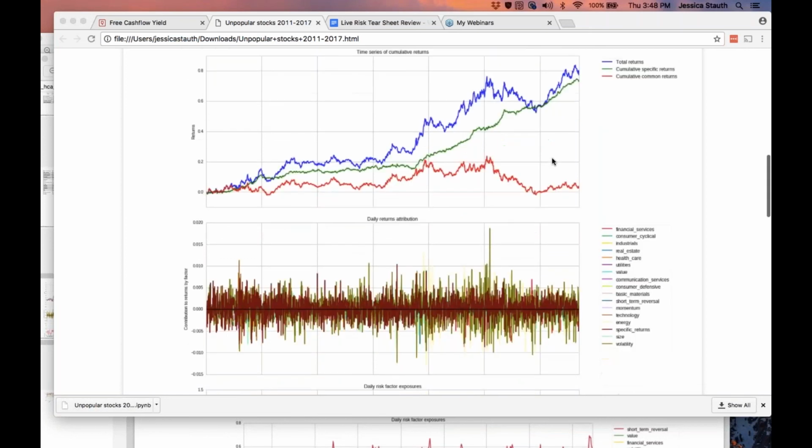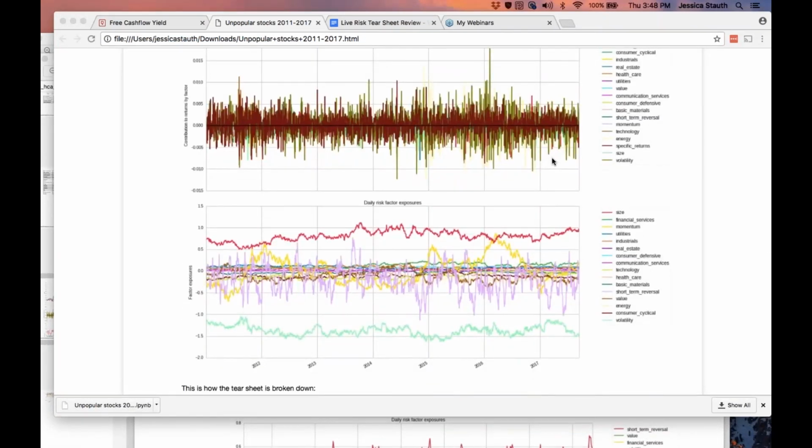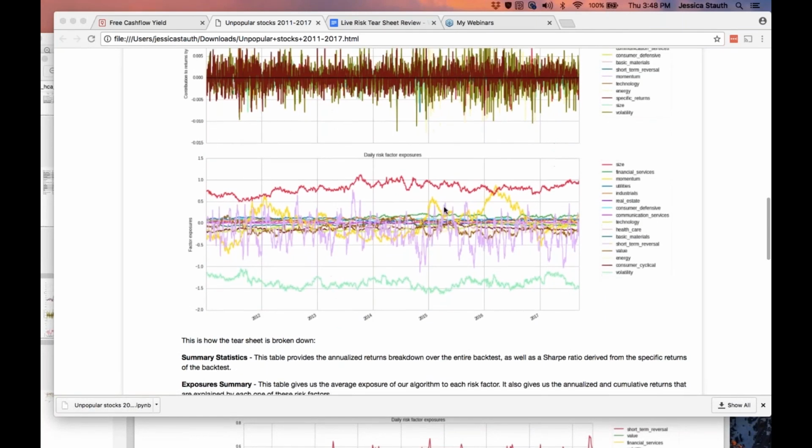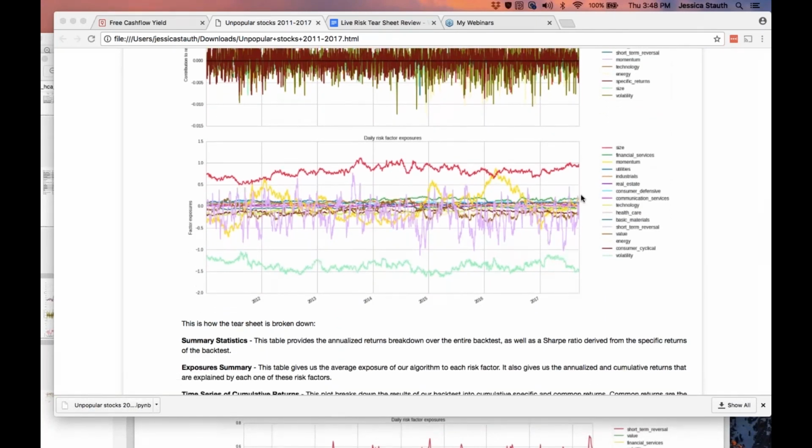If you look down here at those risk exposures over time, you'll see a little of what I was talking about on Alan's strategy, where he had this short-term reversal exposure, but it was oscillating pretty widely between about 0 and 0.4. The thing that's a little concerning, or maybe could be fixed about this strategy, is that here's your size exposure, here's your volatility exposure, kind of mirroring that, and they're just really super consistent.